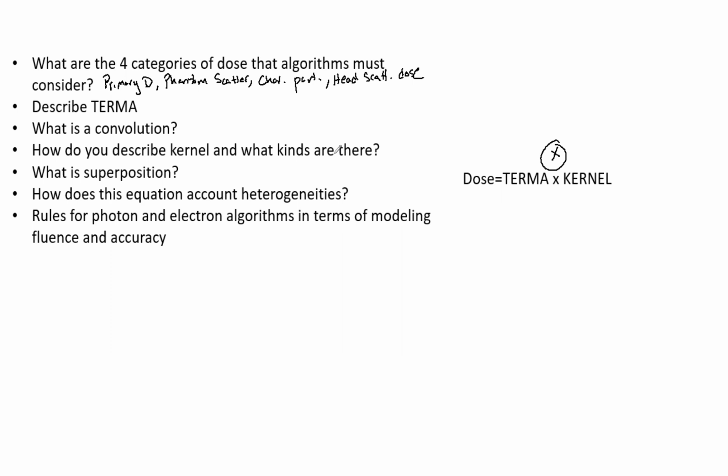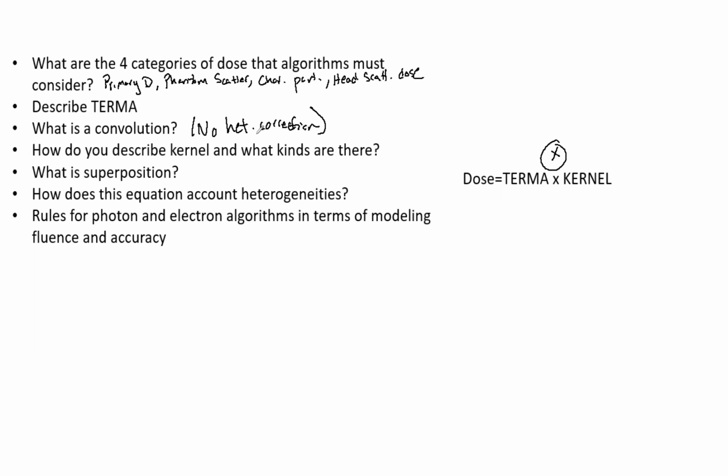We use it when we want to use a constant kernel that doesn't vary with density. That's important because when you just do a convolution, this means that there is no heterogeneity correction. So if you just have homogeneous dose, this is great. You can convolve and you're ready to rock and roll, but that's a limitation of it.